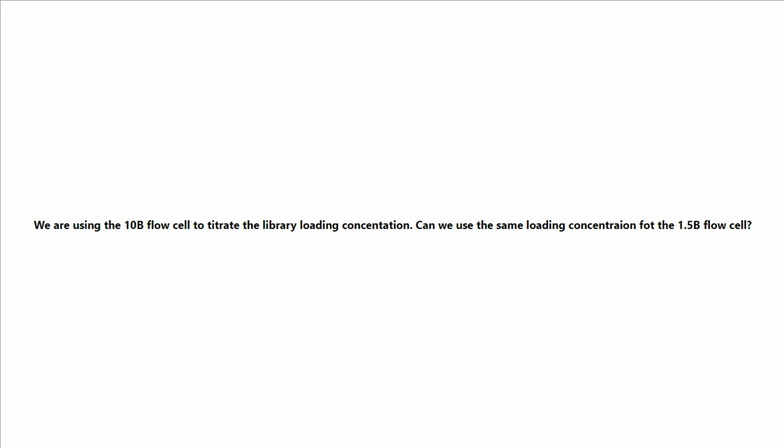I would say it's definitely a good starting place to try what you found to work for the 10B. But as you go up to 25B, you might need to increase slightly, and conversely, as you go down to 1.5B, it might need to be tweaked a little bit more.